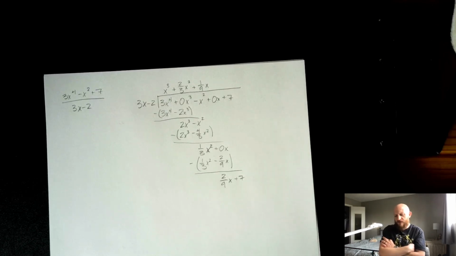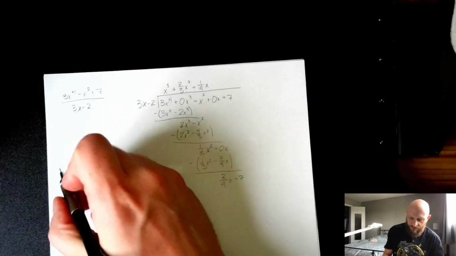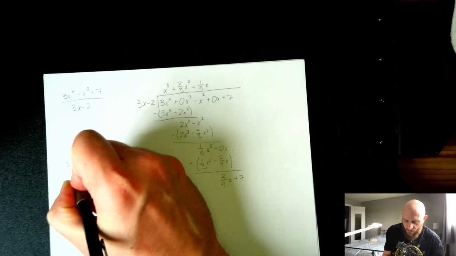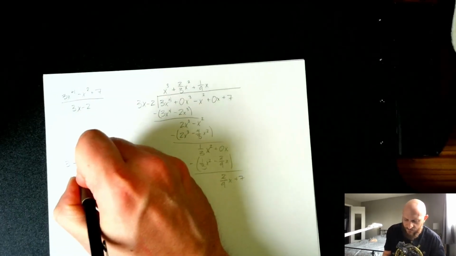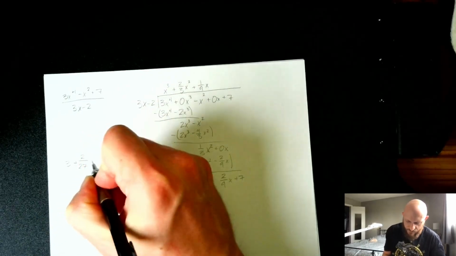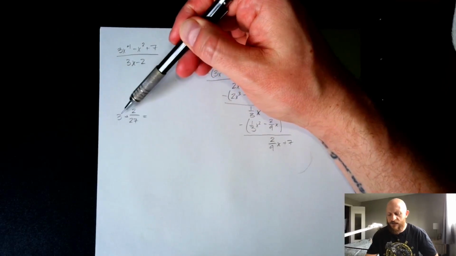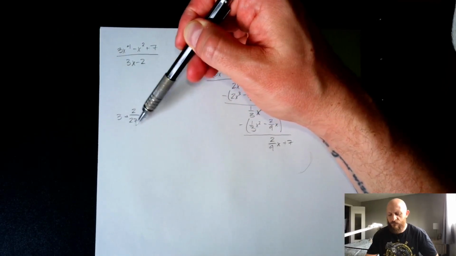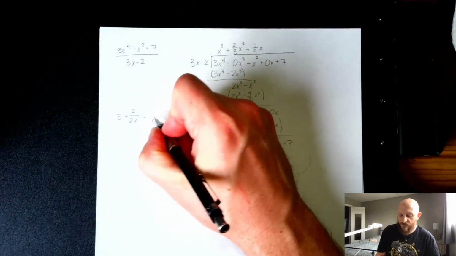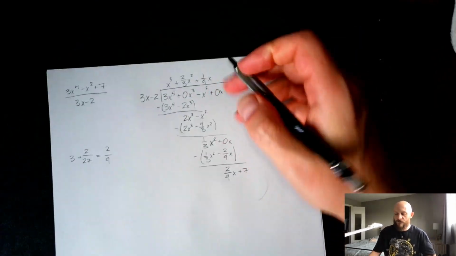Yeah, 2 over 27 times 3, because here, I better just write this out. No, I can't do basic math. Yeah, I got my master's degree. I can't do basic math. Why would you expect me to be able to do basic math? It's unreasonable of you. Yeah, because here the 3 and the 27 will cancel, so that we just get a 9 in the bottom. 2, so yeah, 2 27ths.